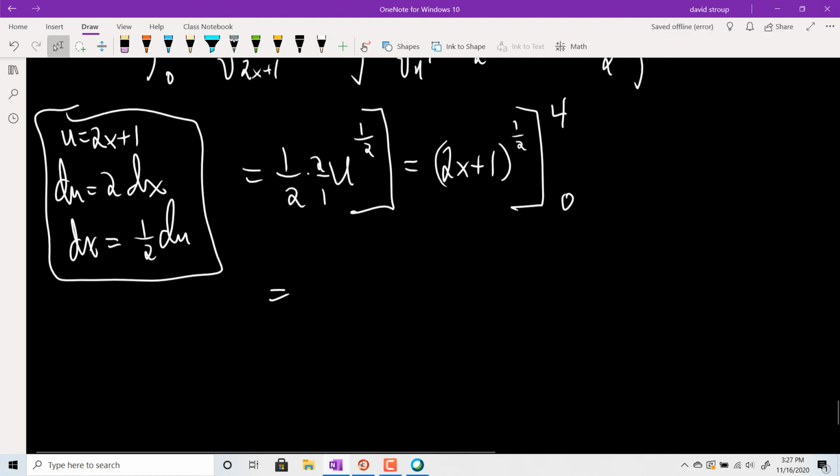And then I evaluate. Plug in 4, I'll have 9 to the 1/2, minus plug in 0, I'll have 1 to the 1/2. 9 to the 1/2 is 3, got it right this time. And then 3 minus 1 is 2, so our answer is 2. Again, I don't care which method you use, so long as you do it correctly, I'll be happy.